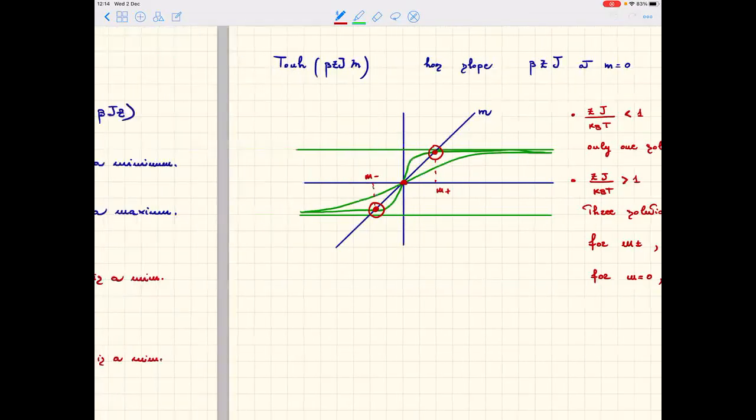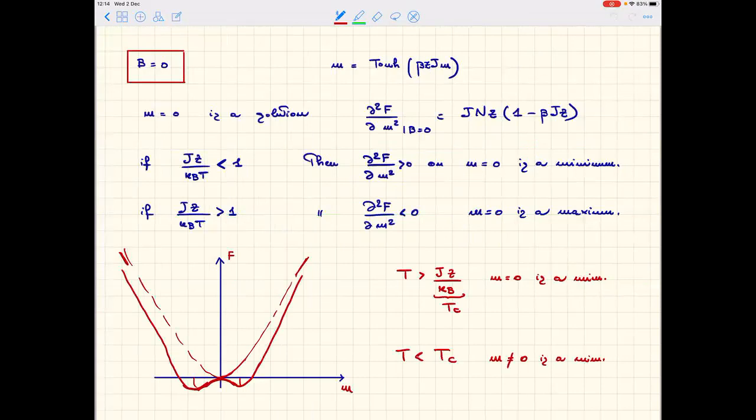Well, if you find an extremum by setting the first derivative equal to 0, what is the condition to have a maximum or a minimum? A maximum is when the second derivative is negative, and a minimum is when the second derivative is positive.